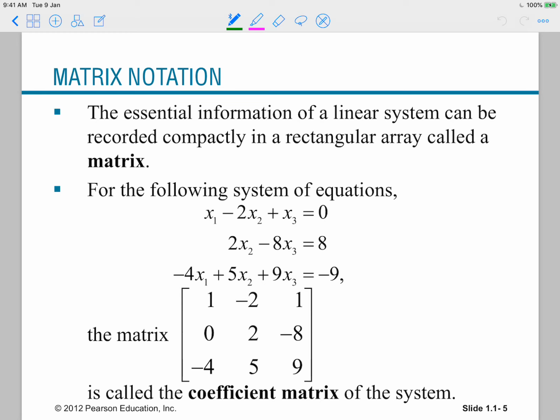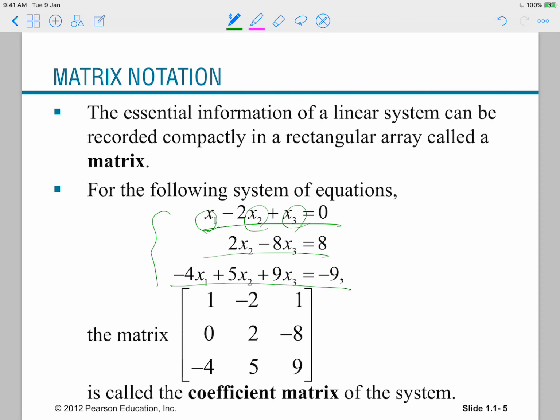Okay, now let's move on to the matrix representation or notation of our linear system. Let's think of this given linear system where we have 3 variables, x1, x2 and x3, and 3 equations.